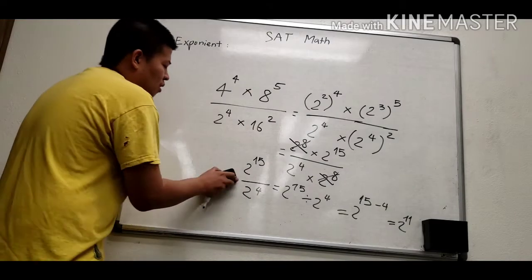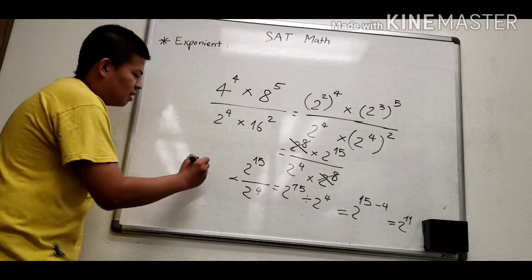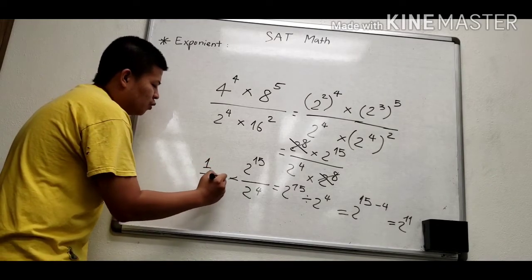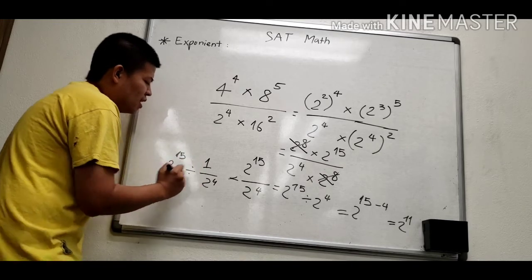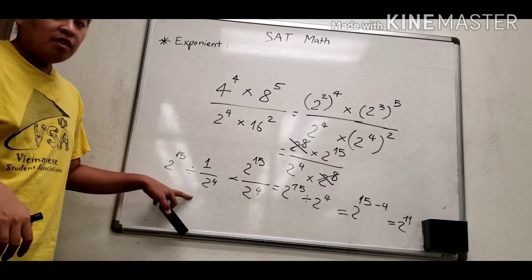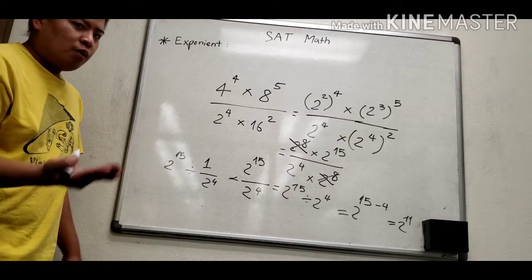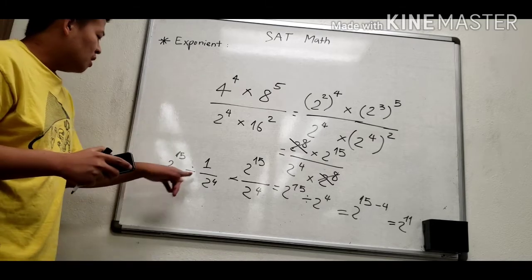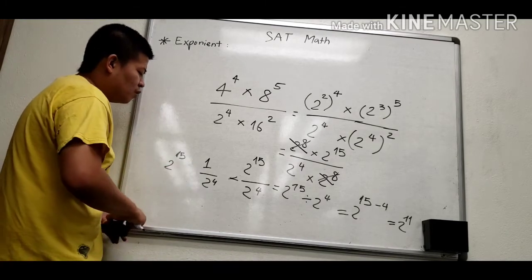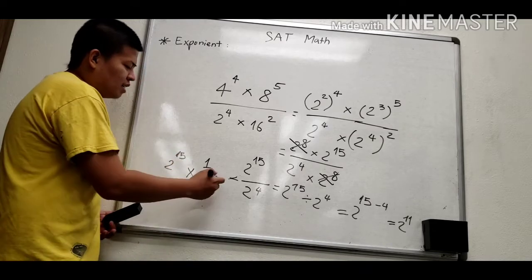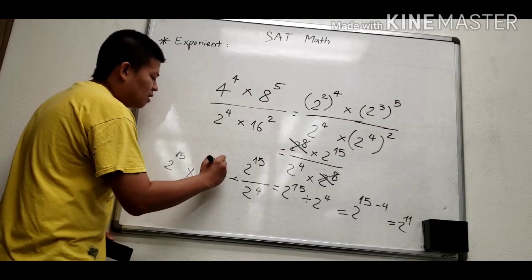And I will show another way. 2 power 4 is similar to 1 over 2 power 4, and 2 power 15, but they are divided. You can see that if you divide the fraction, the right side will flip. So this is the reason why if we divide a fraction, then we change to multiply. And this number will flip to 2 power minus 4.